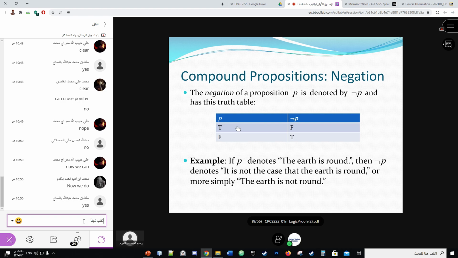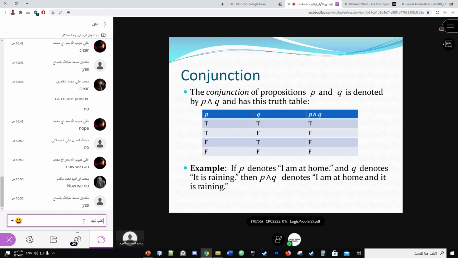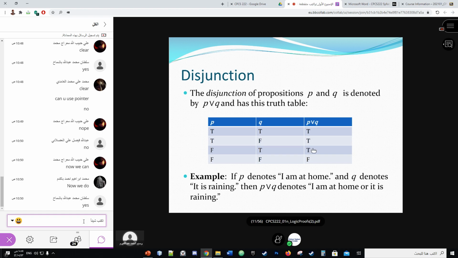We looked at its truth table: if P is true, not P is false, and if P is false, not P is true. Then the conjunction operator: for something and something to be true, both operands have to be true. So true and true is true, and in all other cases it is false.